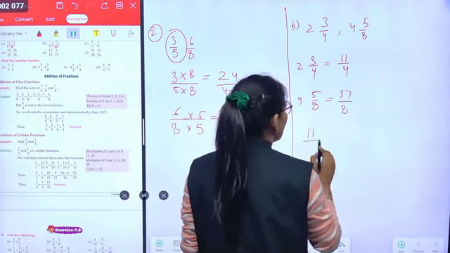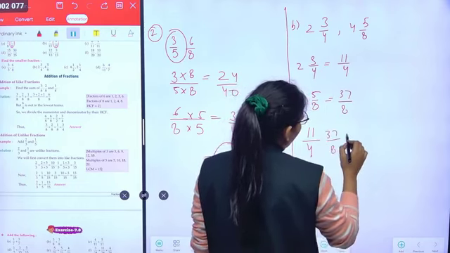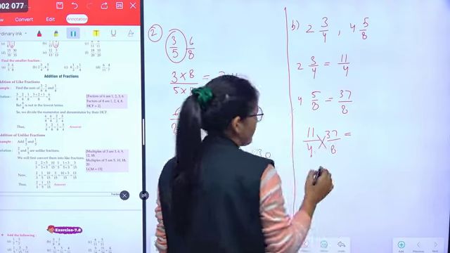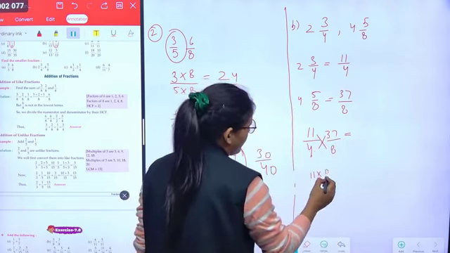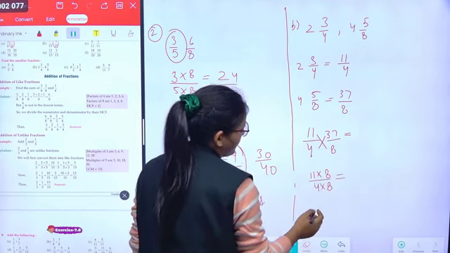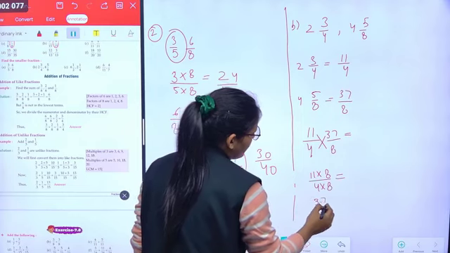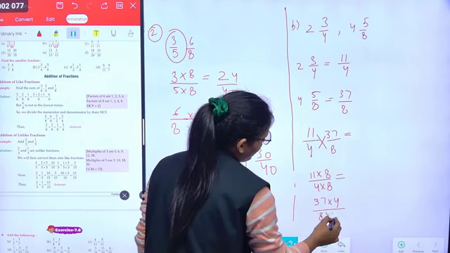Now class, we have to make them equal. Now multiply 11 by 8 and 4 by 8. Okay. Now again 37 multiplied by 4 and 8 multiplied by 4.